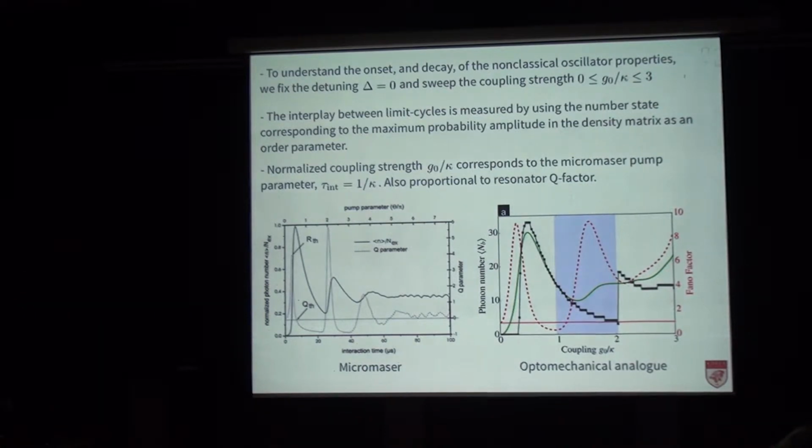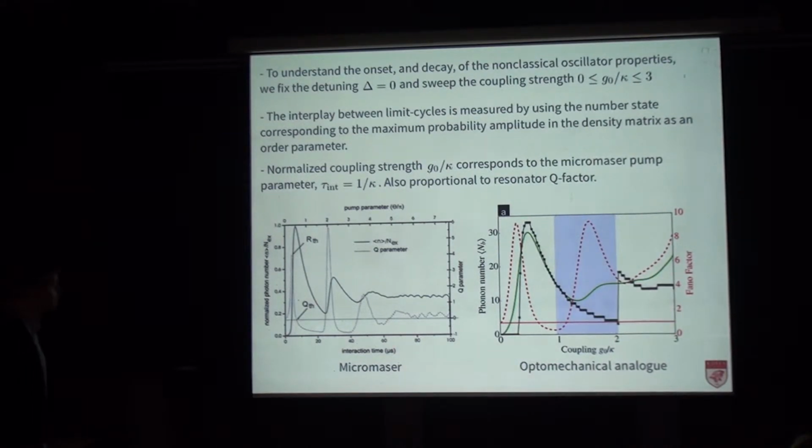I now want to understand why, if I, for example, fix the detuning at delta equals 0, and increase the coupling, I go from classical to quantum states to somehow classical states again. Why does this happen? So what we're going to do is fix the detuning and sweep the coupling strength from 0 to 3.